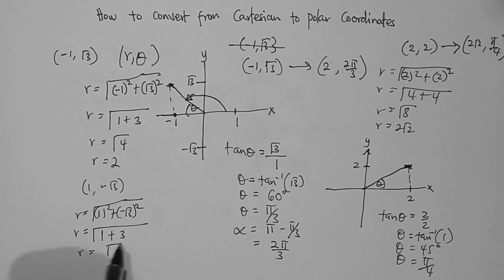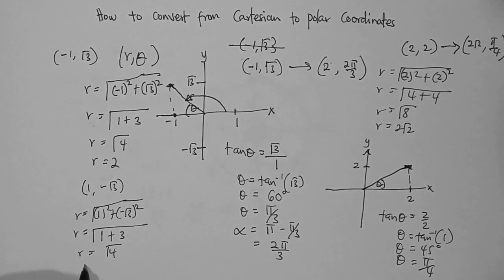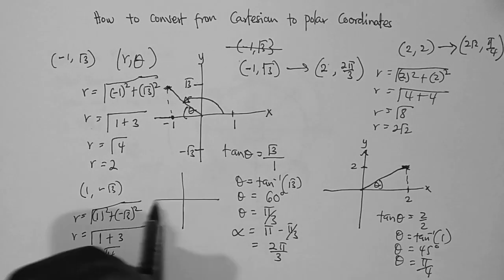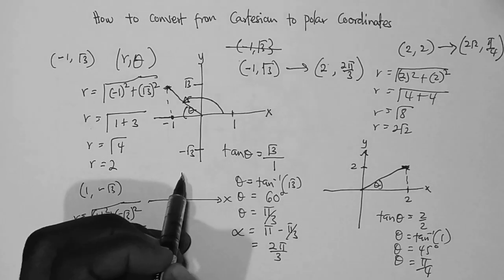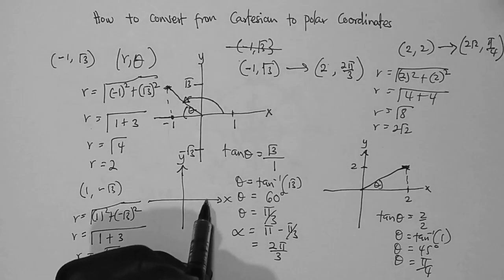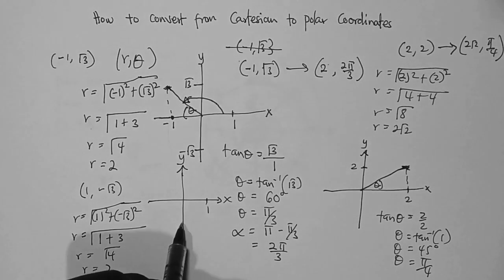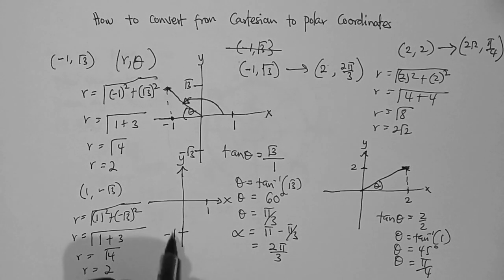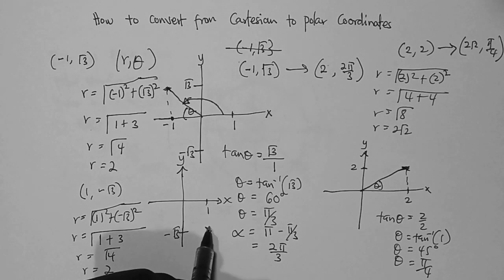So r is equal to root 4, and therefore r is equal to 2 units. Let's sketch this on a Cartesian plane. So if we sketch it, this is x and this is y. So 1 is here, and then let's assume here is minus root 3. So 1, minus root 3 will fall here.